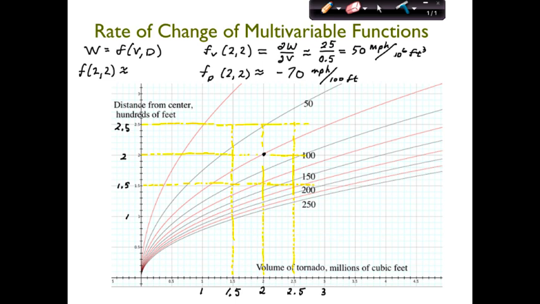Okay, so now what I want to do is let a change in volume be 0.1, and a change in distance also be 0.1. And what do we say? The change in wind speed, so let's just write out a formula. Can you write out a formula for the change in wind speed?